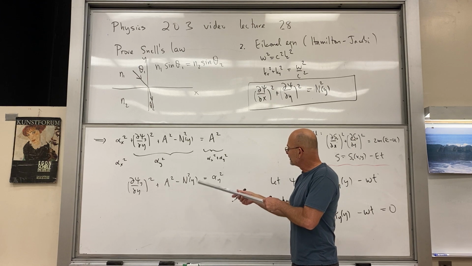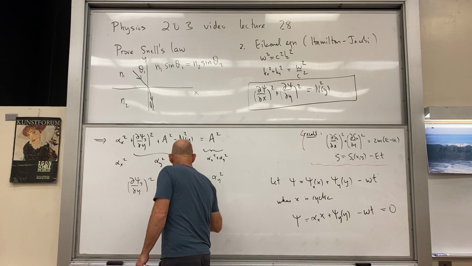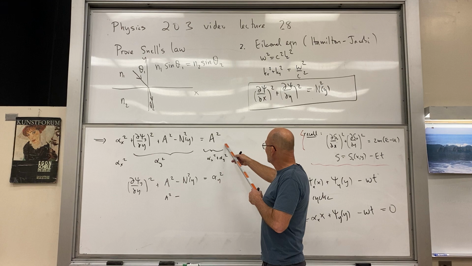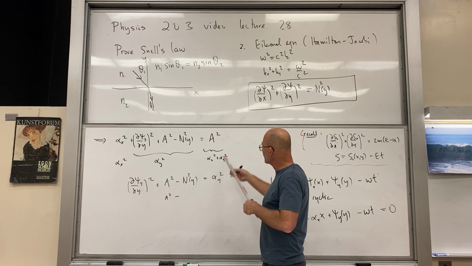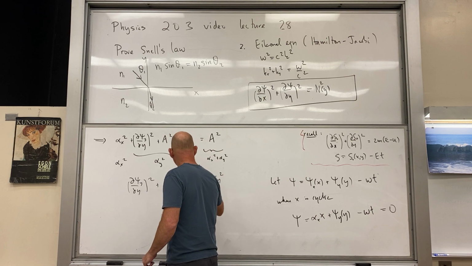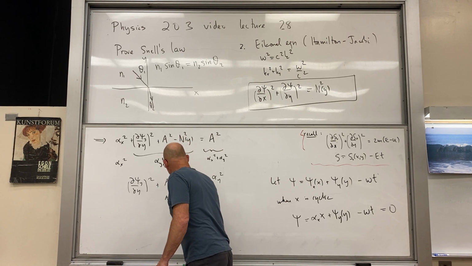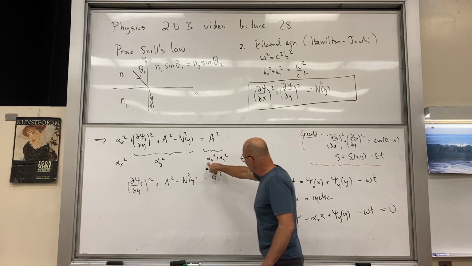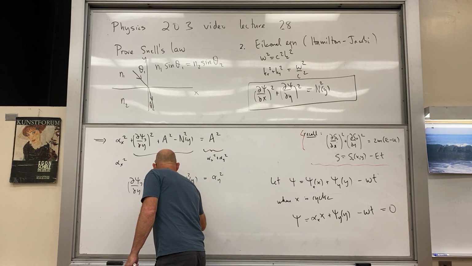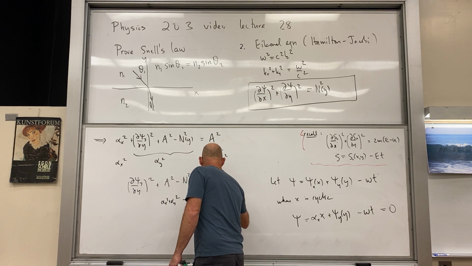And of course the a squared is going to drop out right away, because this is a squared minus a squared, which is alpha sub x squared plus alpha sub y squared. Other way around. This is alpha x squared plus alpha y squared, minus n squared of y, alpha y squared.